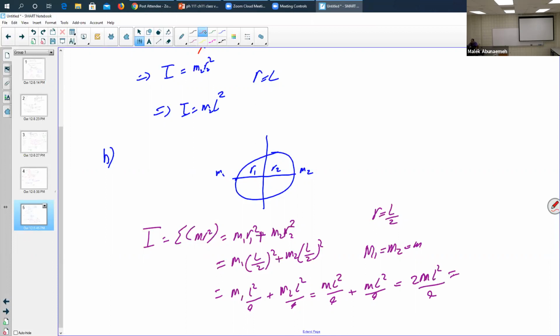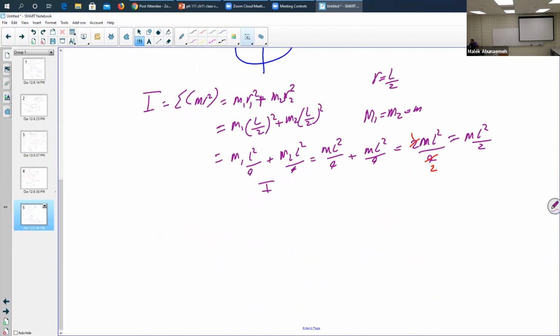The 2 and the 4 reduce, so this becomes 2 in the denominator. So your moment of inertia I is going to equal m L squared over 2.